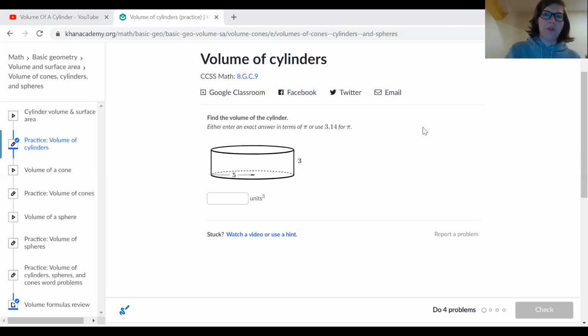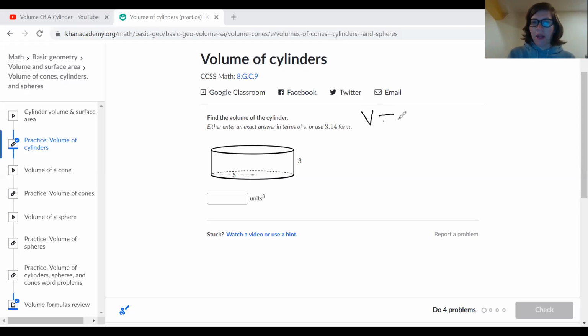So we're going to practice with some problems, finding the volume of cylinders. Our directions say to find the volume of the cylinder. So the first thing we need, of course, is our formula. Hopefully you remember it, but if not, I'm going to write it here for you.